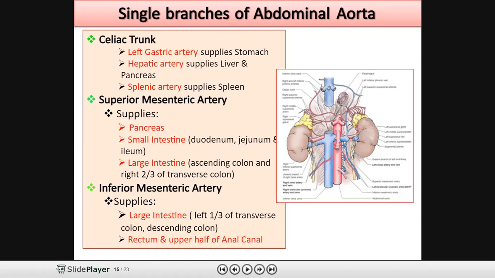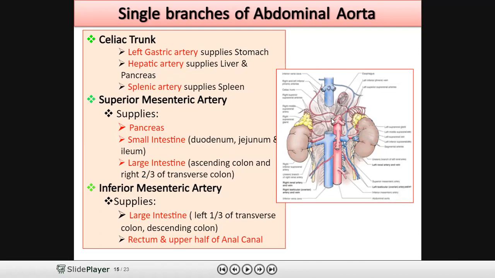Now, this diagram here, the labeling is not too clear, but let's see if we can identify the celiac trunk here. First, we said that the stomach will be supplied by the left gastric artery.